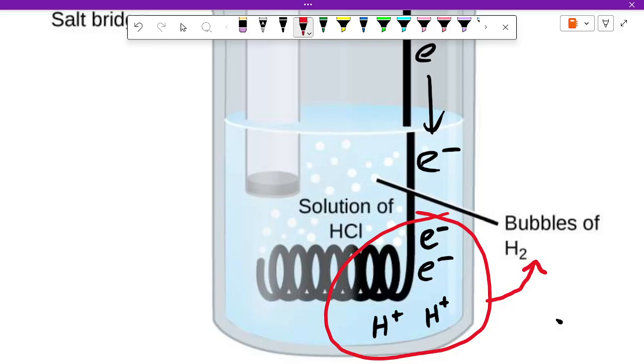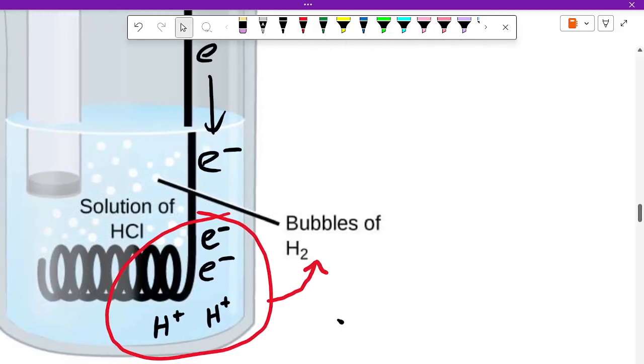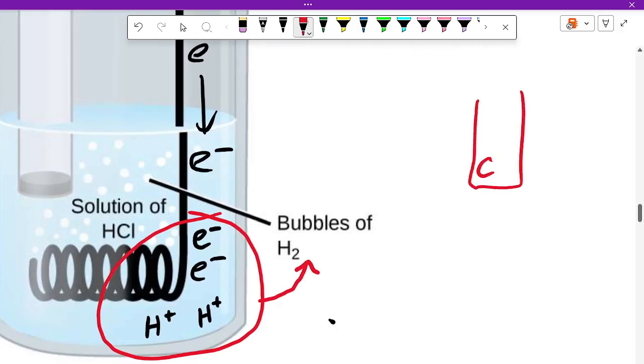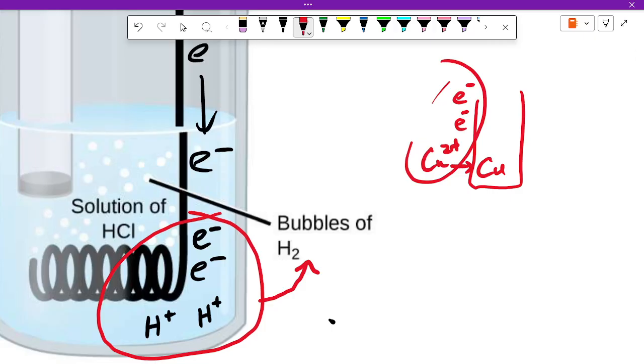No. Normally what we would have as our cathode, we might have copper, and we would have Cu2+, and we would have two electrons getting together with the Cu2+, and it would deposit onto the copper electrode, and you just have more copper. In this case, there's no way to make an electrode out of hydrogen, so we make the electrode out of something that can move the electrons down where they are in contact with the hydrogen. Does that make sense?